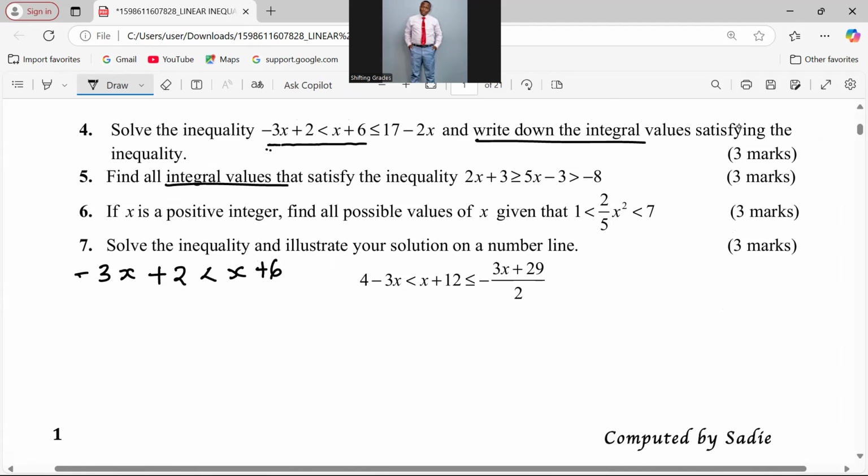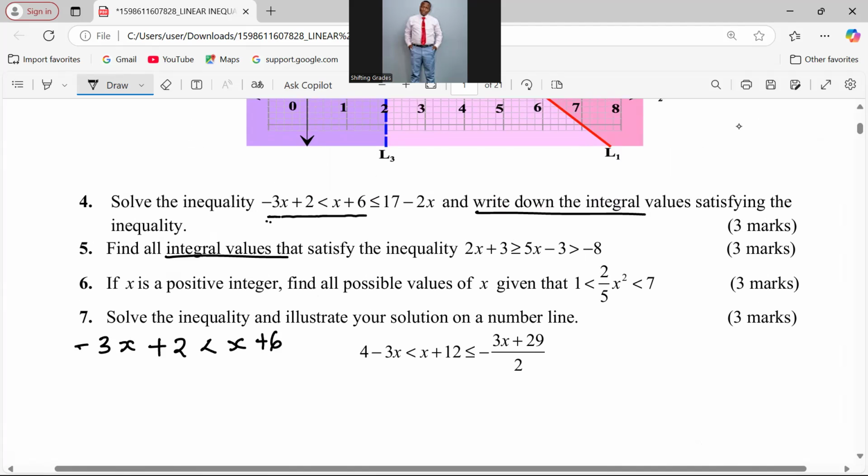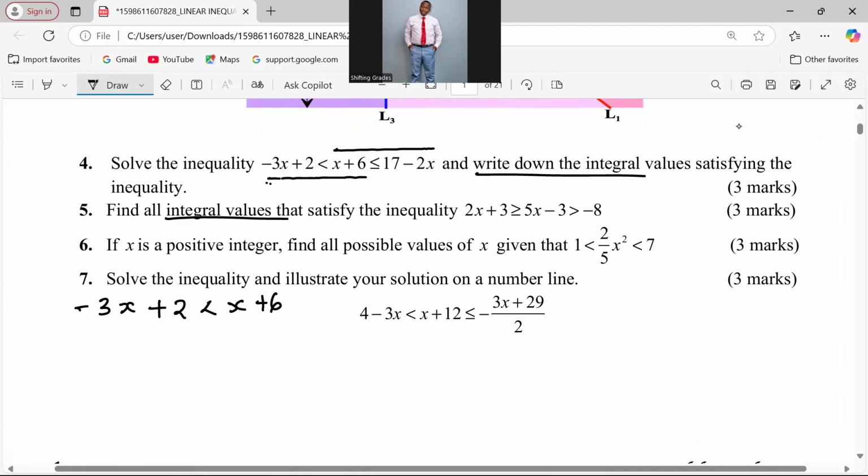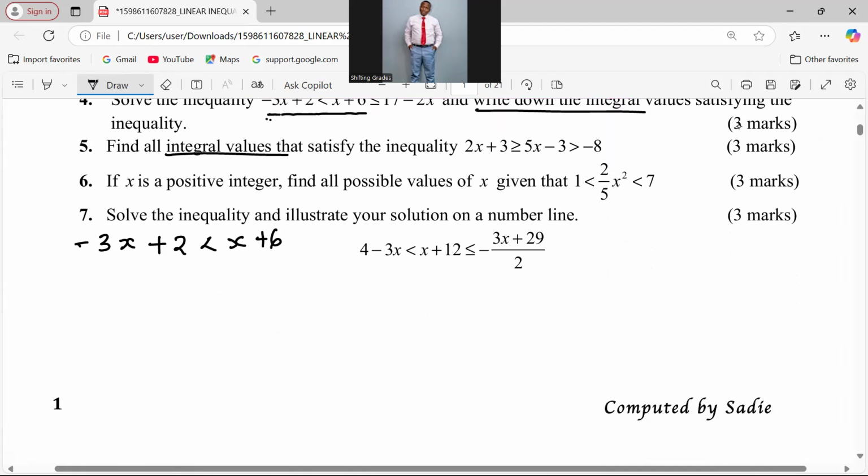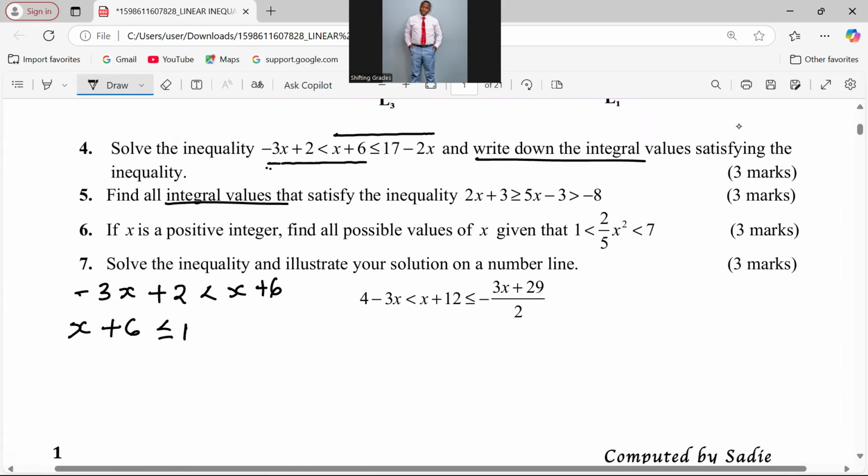Now, the second simple statement, which is supposed to be extracted from this compound statement, should start just after the first inequality symbol all the way to the last term. Therefore, we'll begin from x all the way to the last term. That is now the second inequality. So x plus 6 less than or equal to 17 minus 2x.